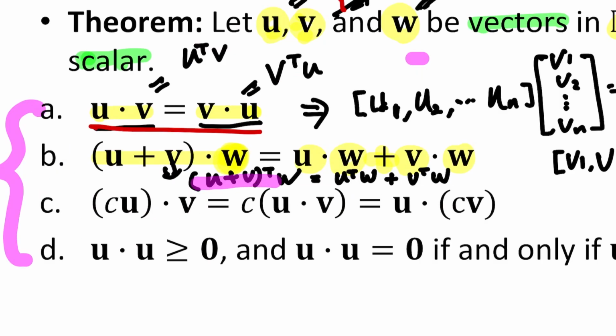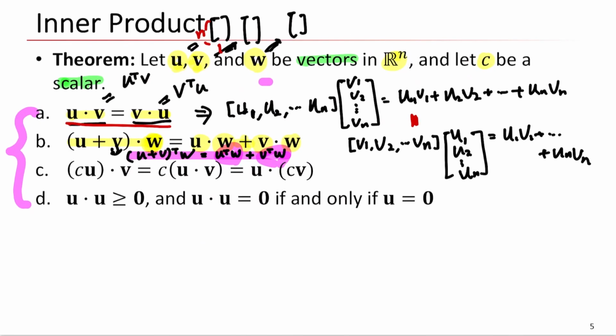So in our case, (u plus v) transpose times w is equal to u transpose times w plus v transpose times w. Okay, so this is another property of the inner product.